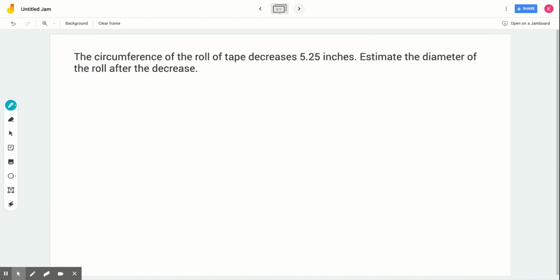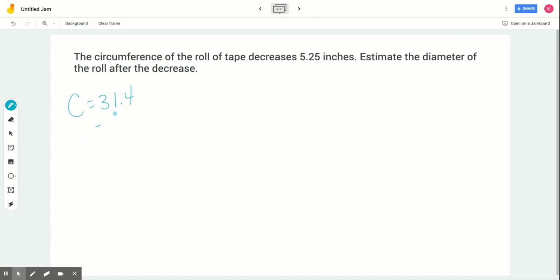Now let's take a look at the next one, number 6. Number 6 uses some information from an example from the textbook. It says the circumference of the roll of tape decreases 5.25 inches. Estimate the diameter of the roll after the decrease. So the original circumference in the problem was 31.4.